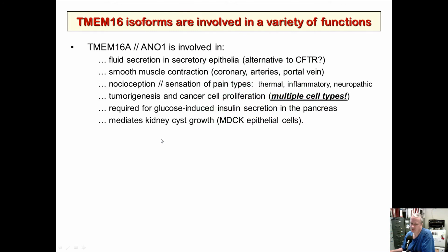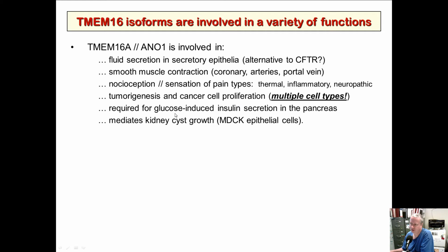So TMEM16A has a couple different isoforms, like variations of the protein, and they have different functional significance. TMEM16A is involved in fluid secretion, smooth muscle contraction, nociception, which is pain sensation. It's got a lot of relevance in tumorigenesis and cancer cell proliferation, so it's considered a drug target to treat various types of cancer.